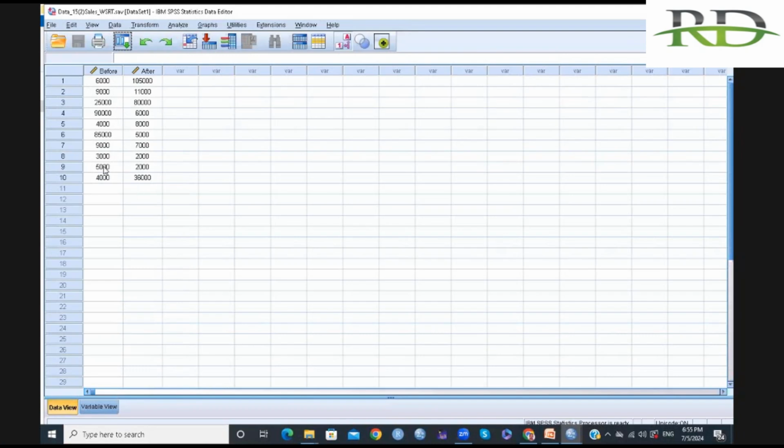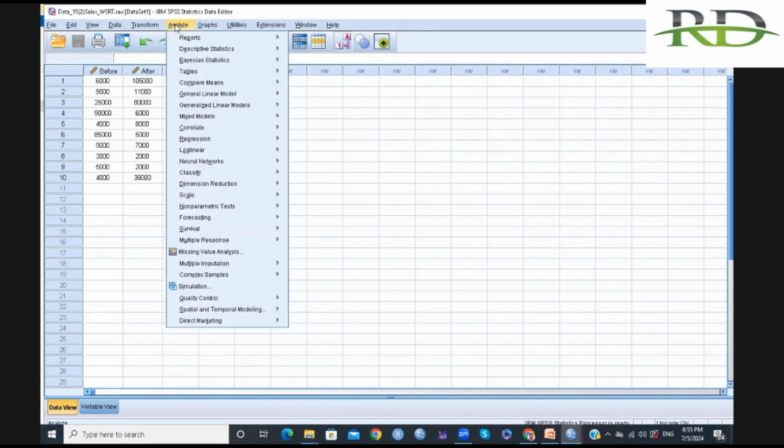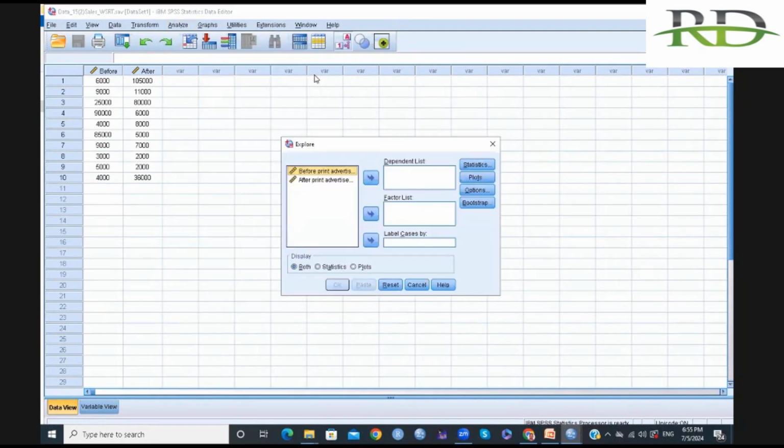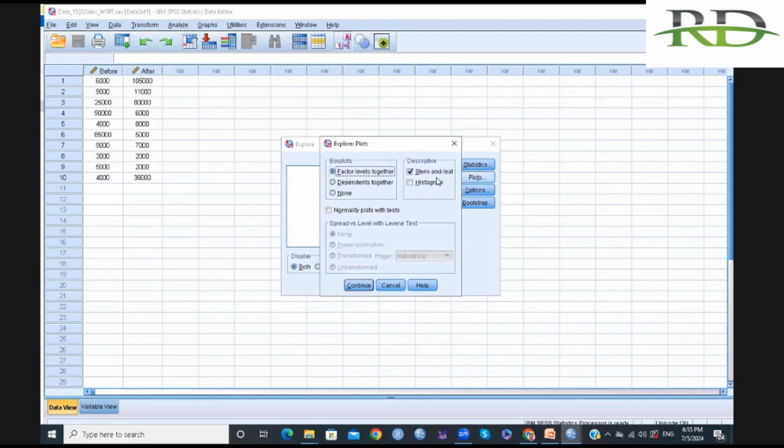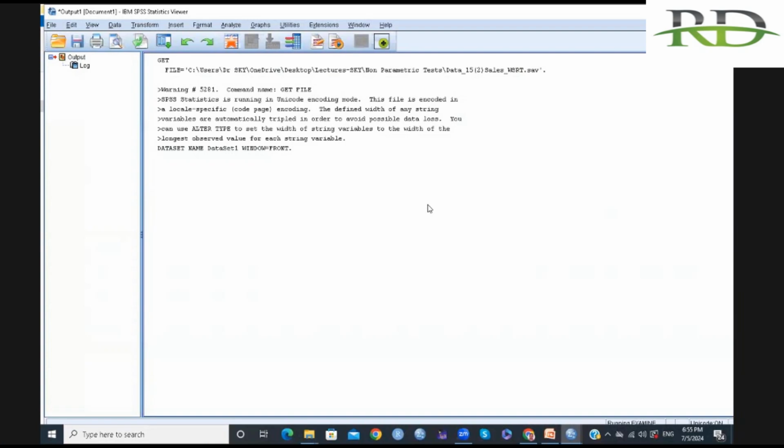So first you have to see whether the data is following normal distribution or not. So you go to analyze and descriptive statistics, and there you can go further to explore, and you put both here, and go for the plots only, uncheck this one and just put a tick here, normality plots with tests, and just click on OK.